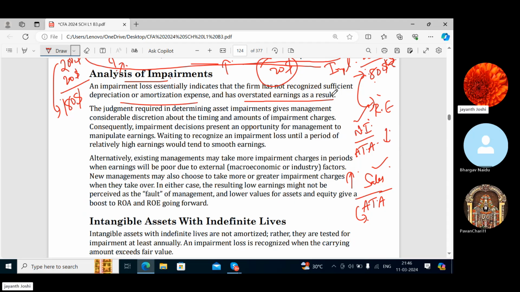So if there is an impairment loss, the asset value has decreased. That means the firm has not recognized sufficient depreciation or amortization expense and has overstated earnings. If there is an impairment loss in the value of the asset, you should recognize it. If you don't recognize it, then what is going to happen? Let's say the asset value is $100 and you have not recognized the impairment loss. Let's say the impairment loss is $20.